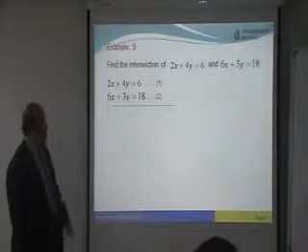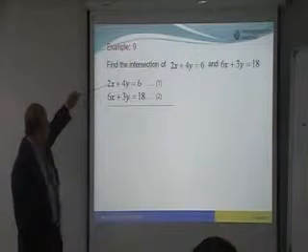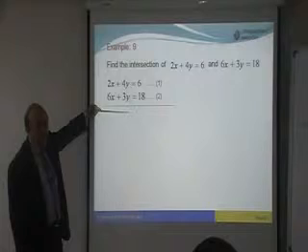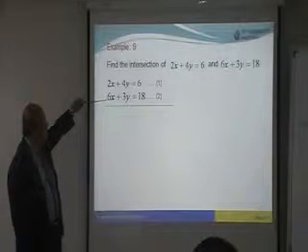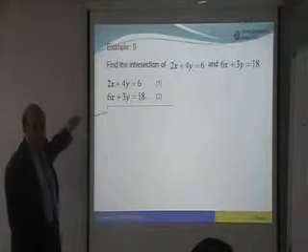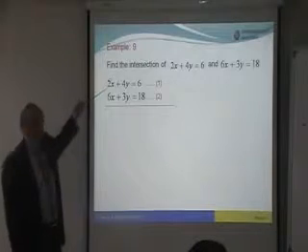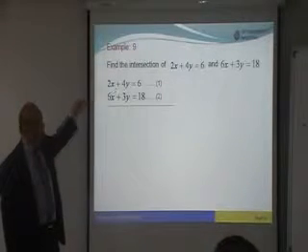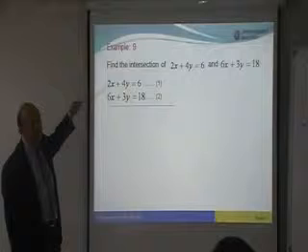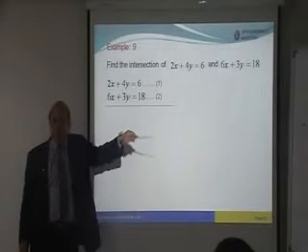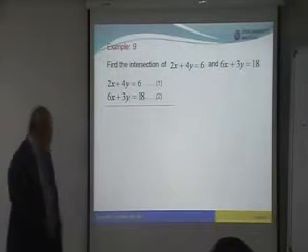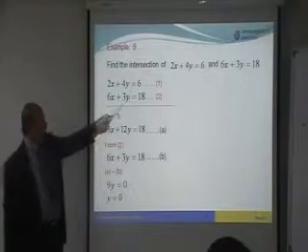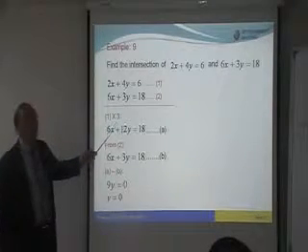So how to force them to become the same? You check whether you want to get rid of x or get rid of y. If you want to get rid of x, since this is 6x, this one you can change to 6x. How to change? Times 3. So if you times 3 here, all this you must times 3. Make it the same. So what we do, we take equation 1 times 3.